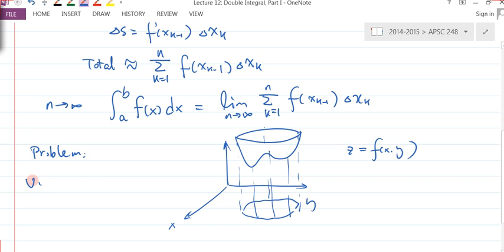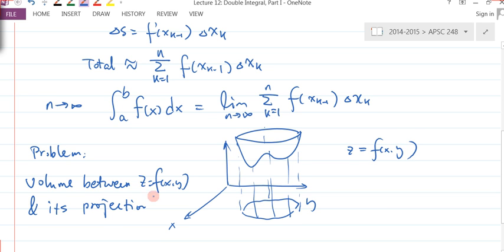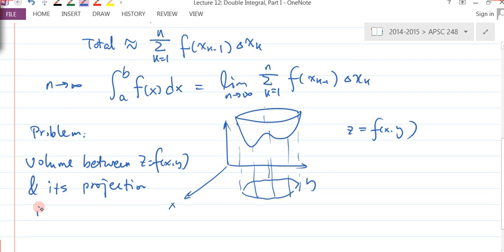So the problem here is what's the volume between z equal to f of x, y and its projection in the xy plane.